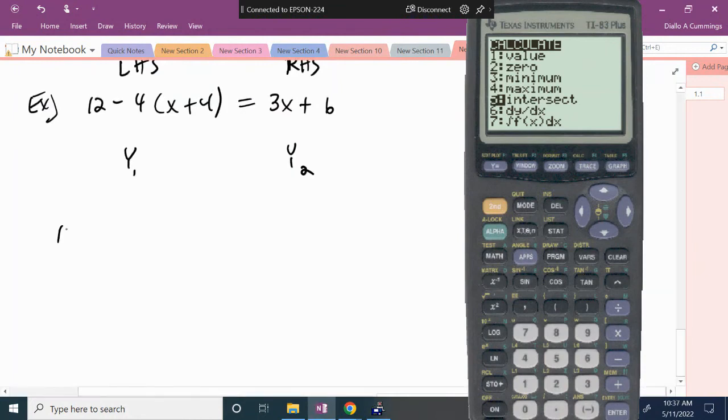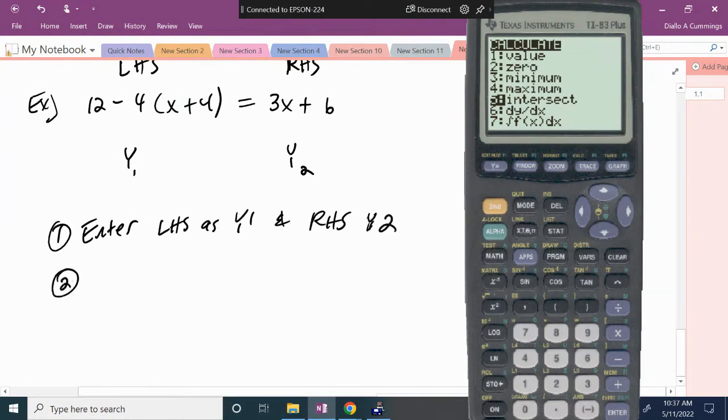So let me just write some steps. The first thing we did was enter the left-hand side as y sub 1 and the right-hand side as y sub 2. The second thing we're going to do is calculate the solution.